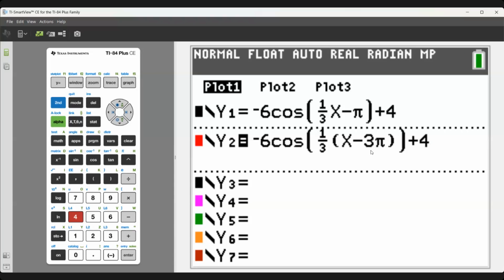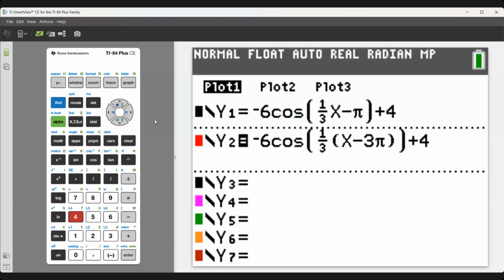And now for the other 3 transformations, we have our 6 in front, our amplitude, so that's going to cause a vertical stretch. The negative will cause a reflection over the x-axis, and then our plus 4 will cause a translation up 4 units.